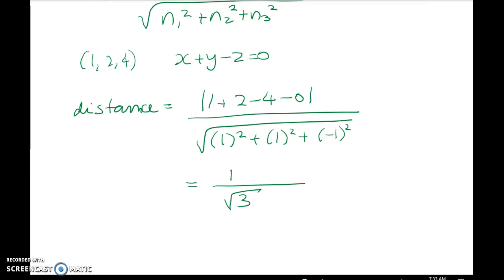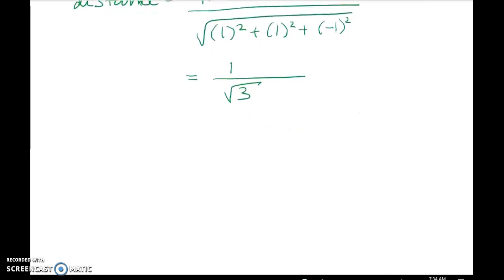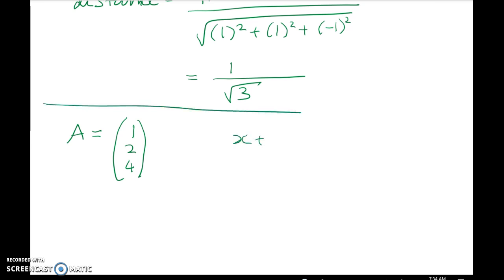But I'd like to go back to sort of first principles and look at how we could do it if we forgot that. Right, so we've got a point A, and it's got a position vector of 1, 2, and 4. And we've got our plane of x plus y minus z is equal to 0. So we know that the direction vector perpendicular to that plane is 1, 1, and negative 1.